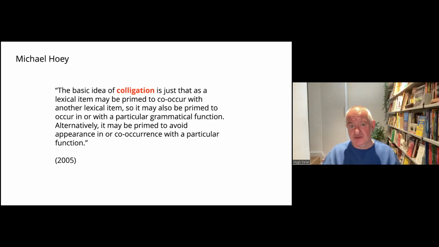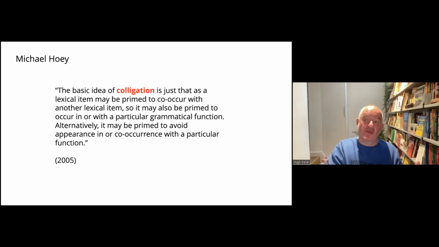I first encountered this idea when I read a book by Michael Hoey, who sadly died last year. He was a professor of linguistics at University of Liverpool. He basically said that different lexical items are generally used with other lexical items, so that they may be primed, and also that they may be used with particular grammatical functions.